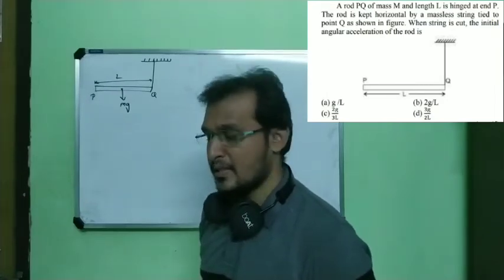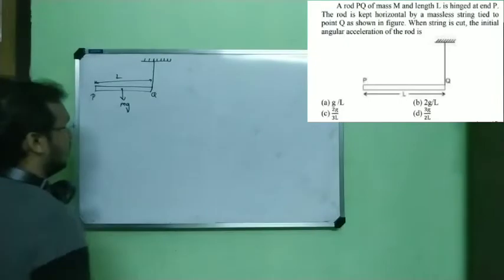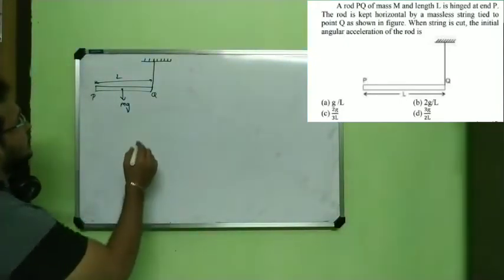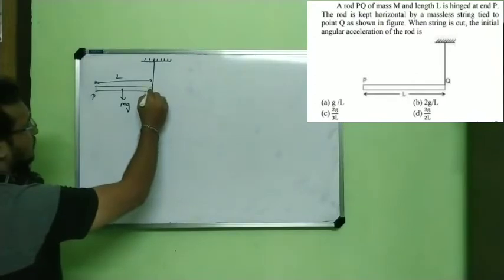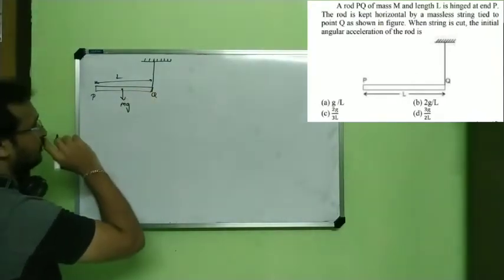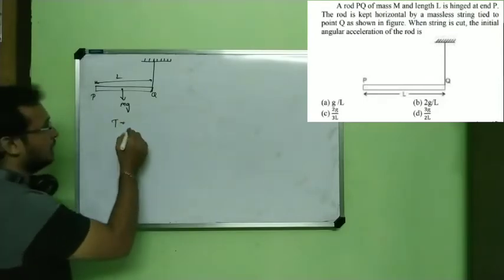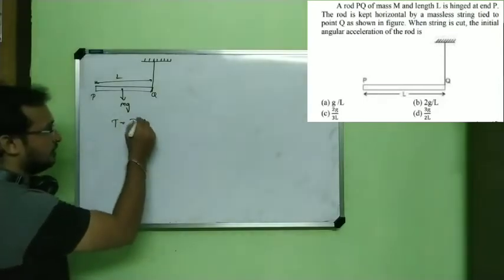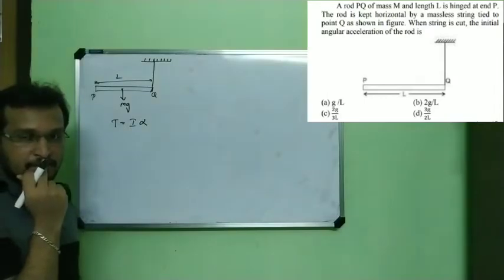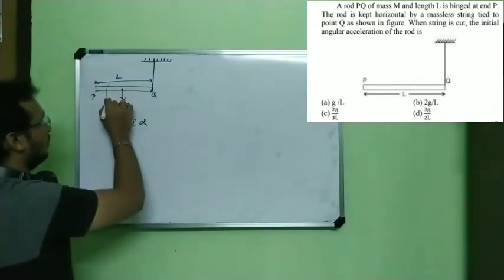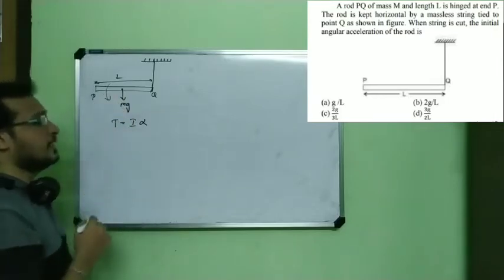See, this question is from rotational motion, and we know that the torque acting on any body is given by torque equal to I alpha. Since the weight is acting downwards, the rod will rotate in this sense.